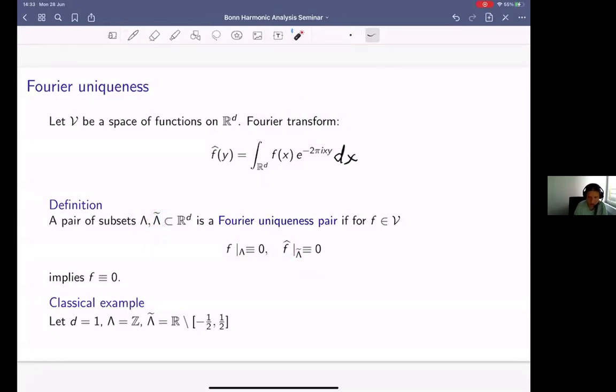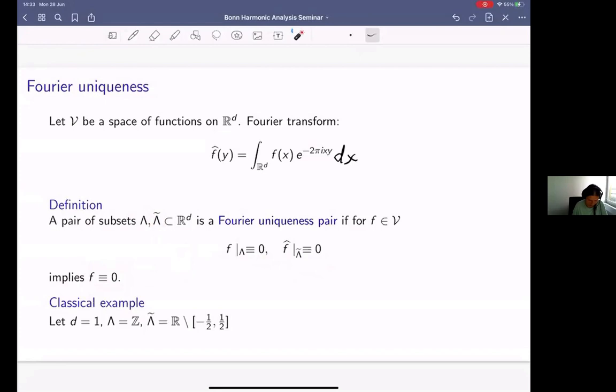So the question is, then, do we know the function f itself? Or another way we can say, if we know that function f vanishes on lambda and its Fourier transform vanishes on lambda tilde, is it true that our function f also should vanish everywhere on R^d?